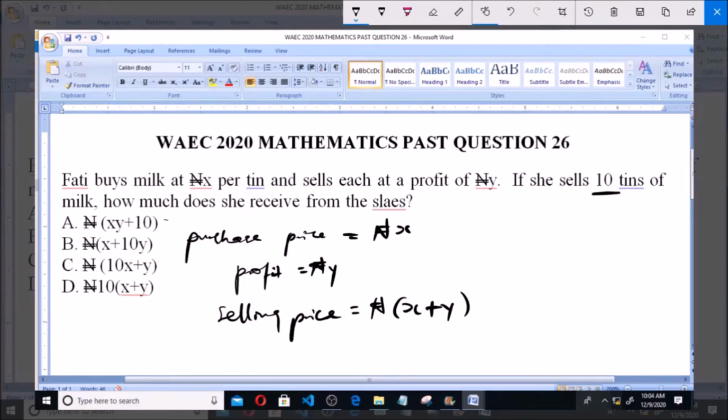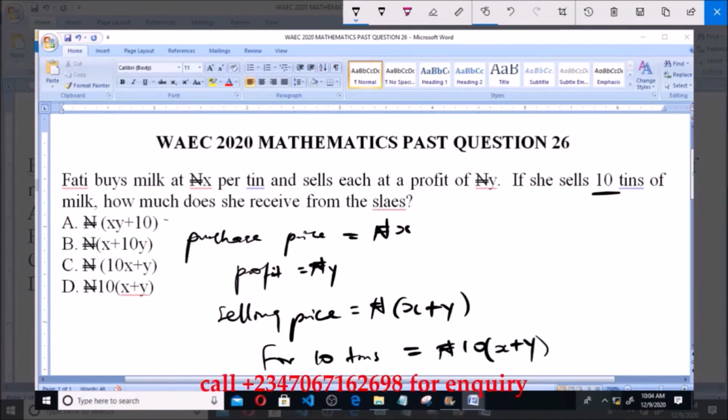So selling price now for 10 tins will be equals to 10 into X plus Y, and that will give us the amount for which she sold the 10 tins. And looking at it, that is option D. 10 into X plus Y naira is the answer to the question.